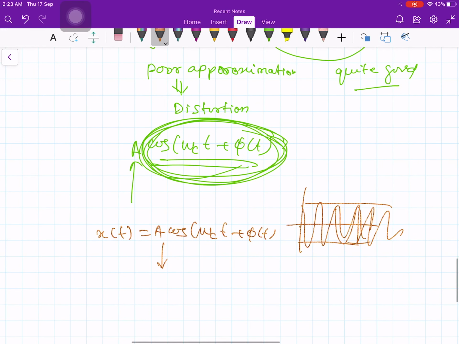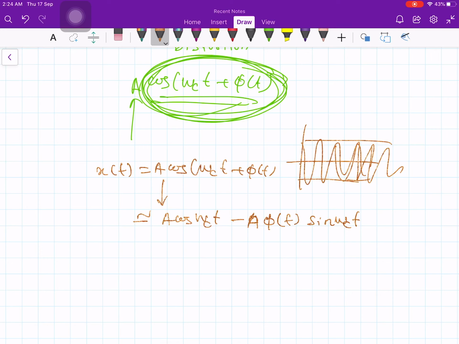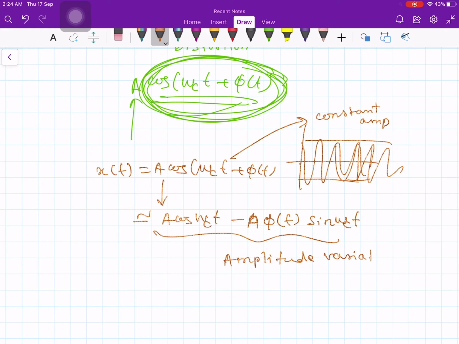But if you take the approximated value, it is going to be a cos omega ct minus a times phi of t sin omega ct. So in the original signal you have constant amplitude, while in the approximated signal you have amplitude variations, which you will not allow. If you make beta much less than 1, then these amplitude variations will disappear.